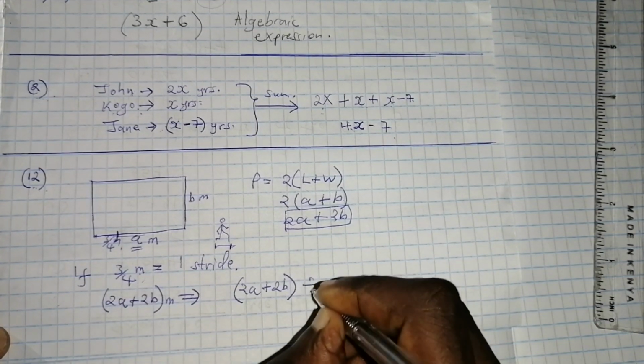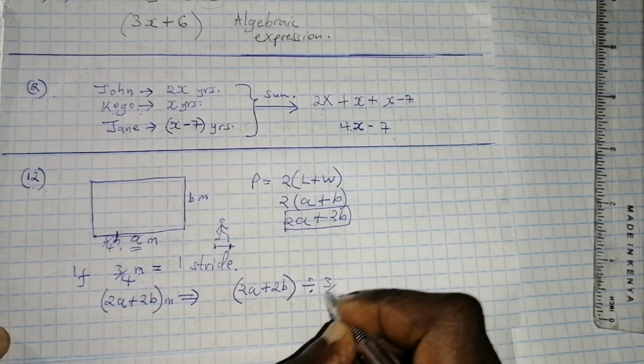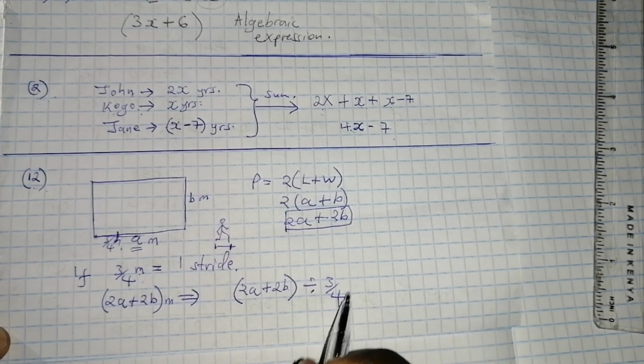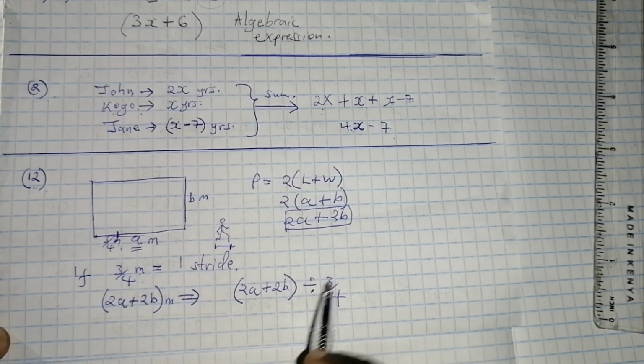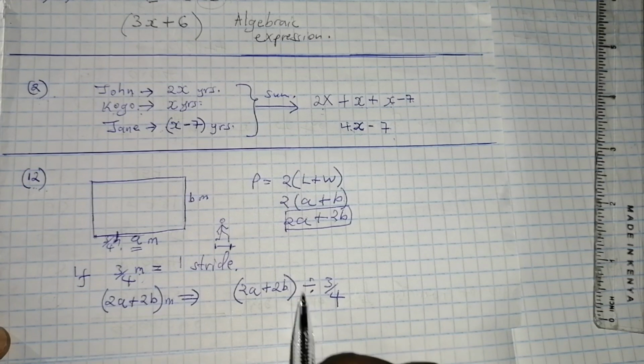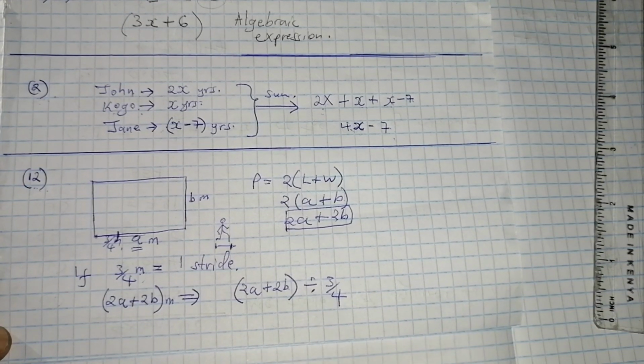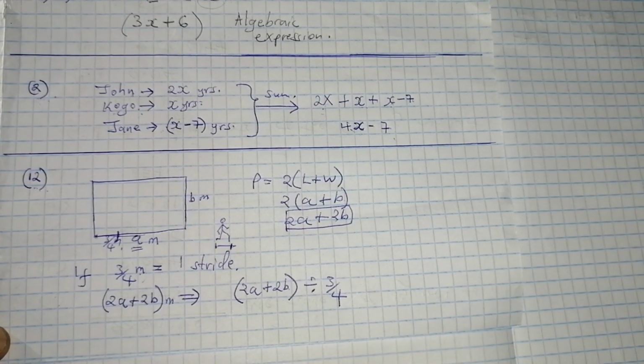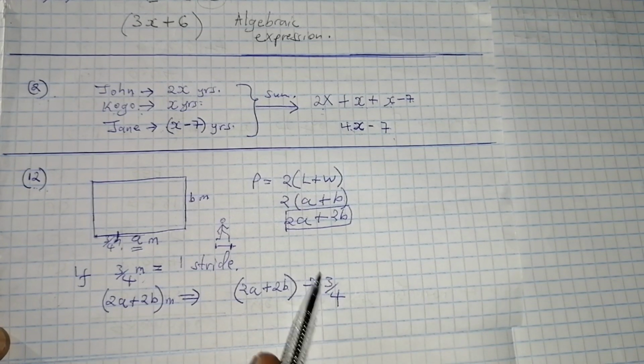Let me put a division sign here. 3 all over 4. This will be the number of strides. Let me solve this problem. If there is a division sign here, then we change that division sign to multiplication.